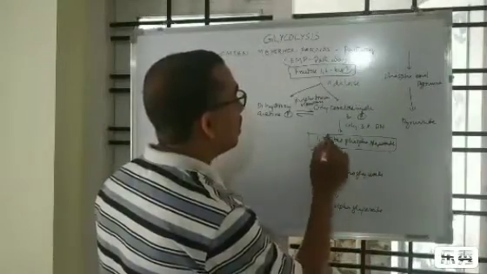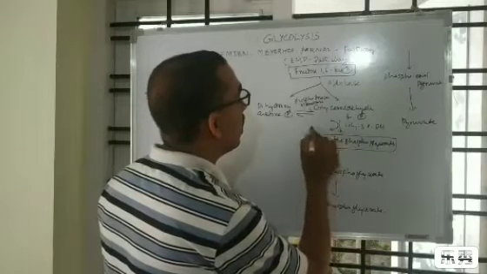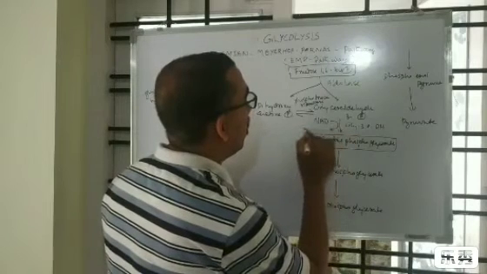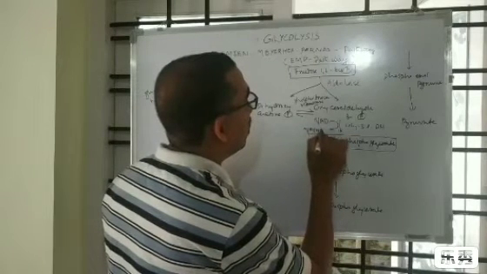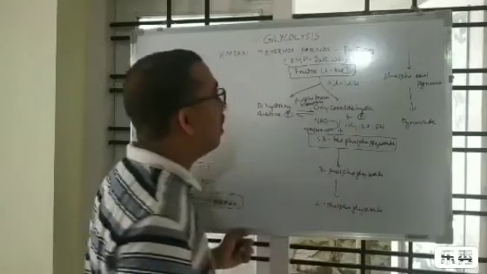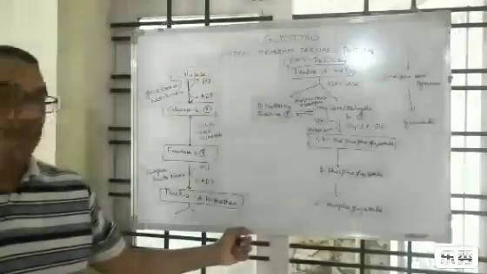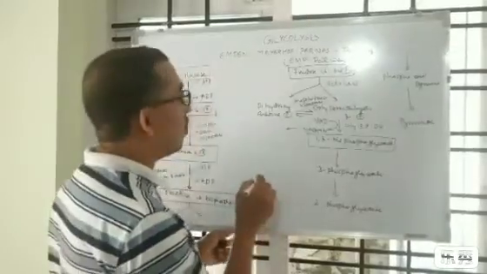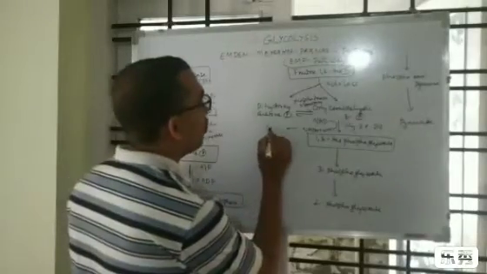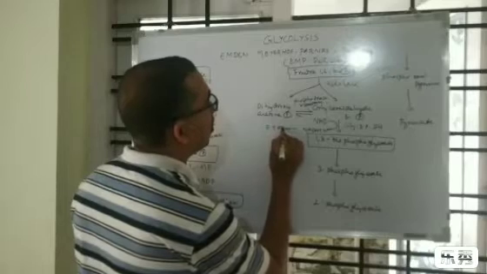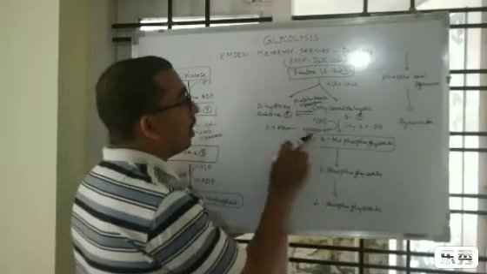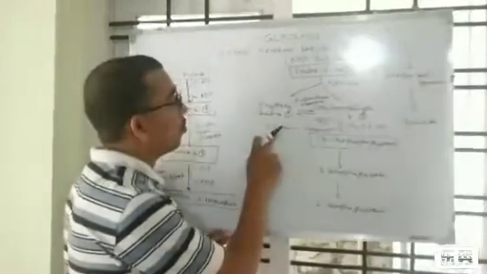This step produces an NADH. This NADH enters into the electron transport chain and produces 2.5 ATPs.